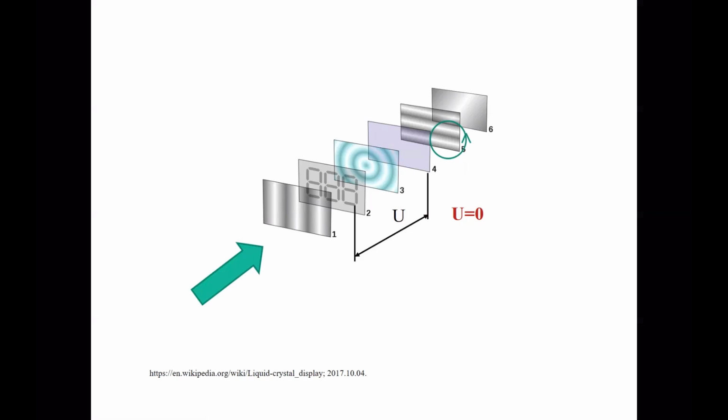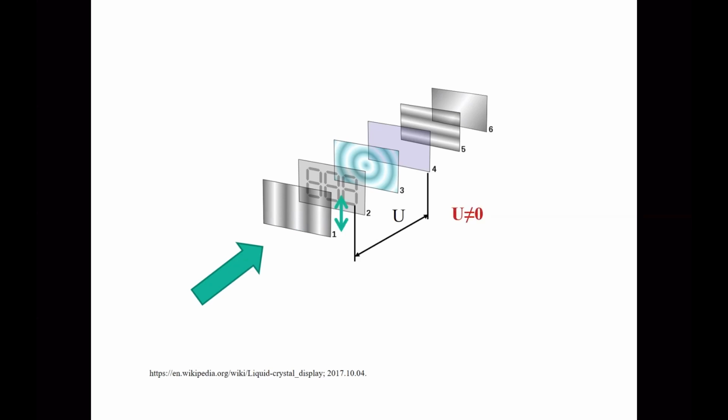Now some part of this light is polarized in the horizontal direction and is reflected back. It comes here, again polarized, and again reaches this filter. Some part of this reflected light is again polarized vertically. That is why the light that was sent ahead is reflected back without any changes. We see light.